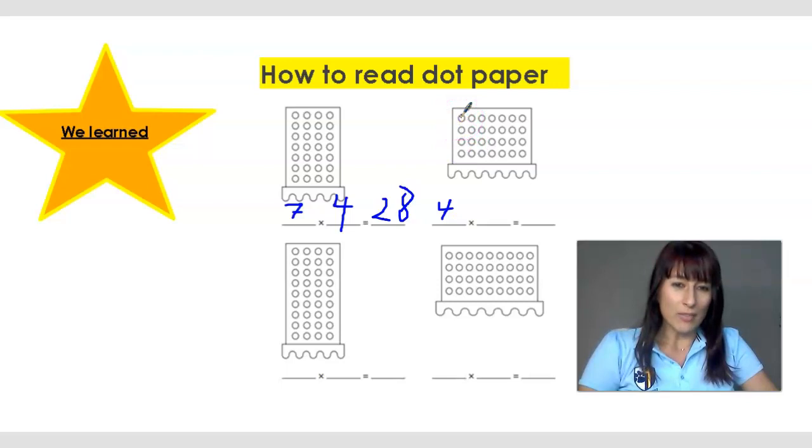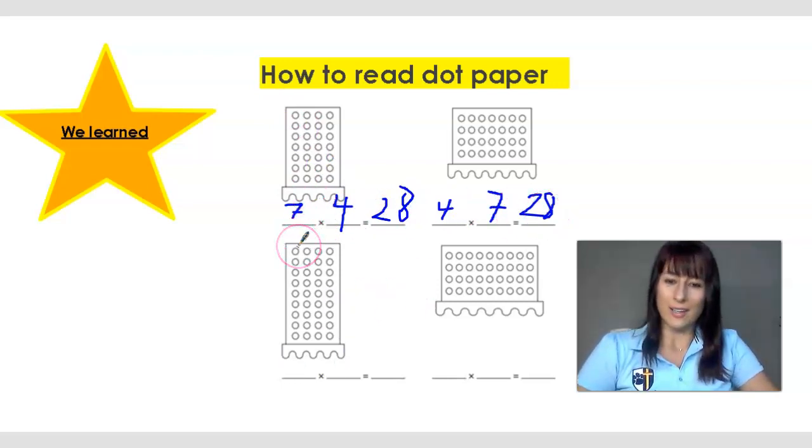So let's see how many we have in each. 1, 2, 3, 4, 5, 6, 7. 4 multiplied by 7, and I can see I have a combination that is related multiplication, right? So we're going to put again 28 because they are related. We only switch the position of the numbers in the multiplication sentence, but the answer is still the same. So 7 multiplied by 4 and 4 multiplied by 7 is 28.